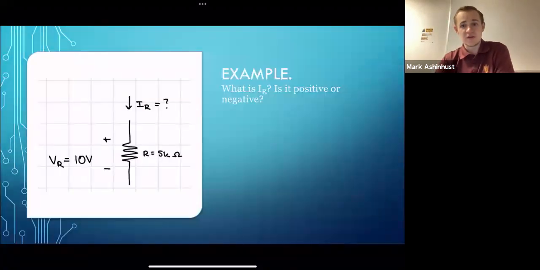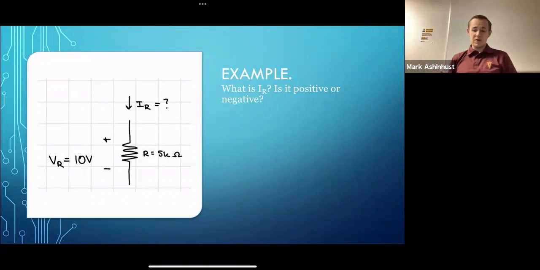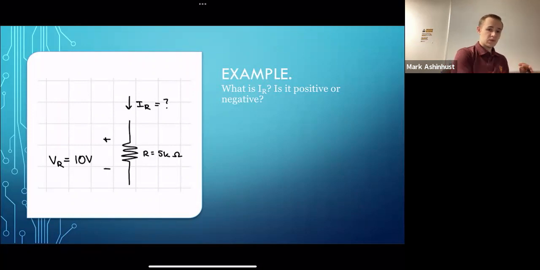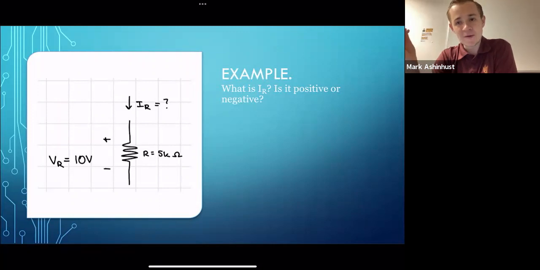So we can go to this example. Here we can see it looks almost exactly like the previous slide.